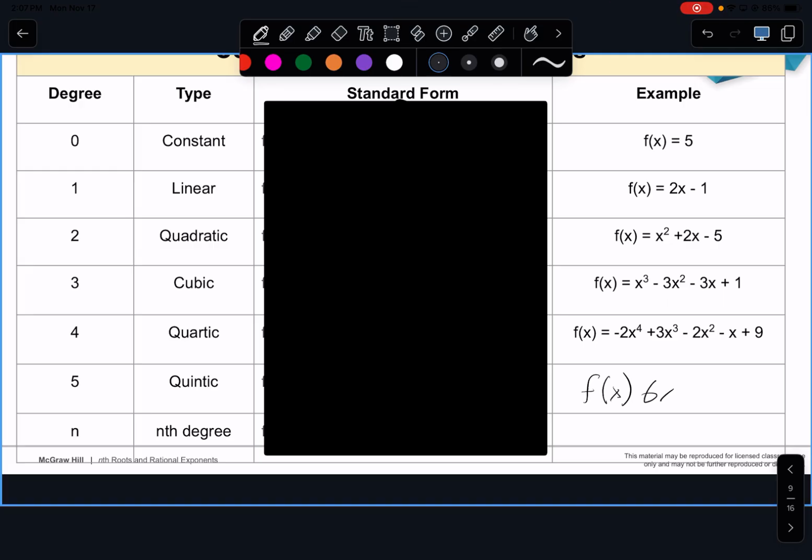It could be 6x to the fifth. Okay, that would be a quintic example. All right, and then in the middle, we're just going to say like the standard form, the exponents go in descending order.